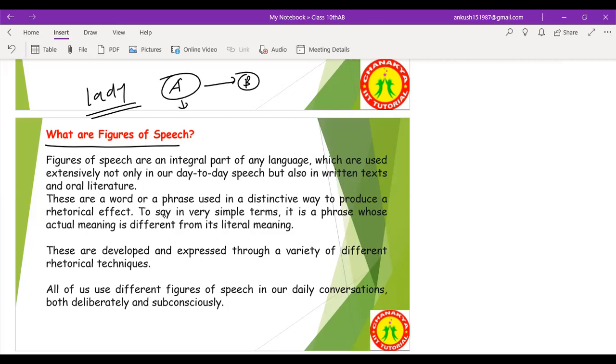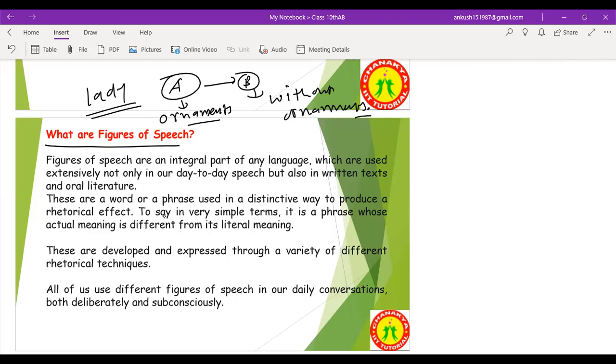A has worn lots of ornaments, and B is standing there without any ornaments. Which lady would seem beautiful? Definitely the lady who is standing with ornaments.